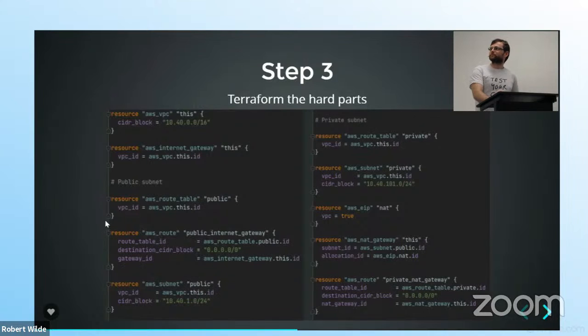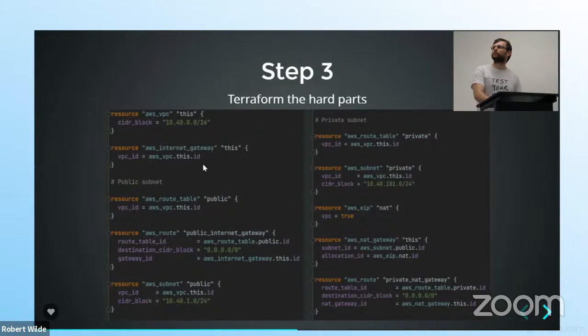It's probably worth pointing out the dependencies that go on, like how you can inject essentially a resource into another one. Yeah, so like the VPC up here, for instance, you create this and all it needs to know is what IP address range it needs. But then when you create your internet gateway, it needs to know what VPC to create the internet gateway in. So the way you use references is you say, hey, find me an AWS VPC which has a name of this, so you can see it's got the name up here.